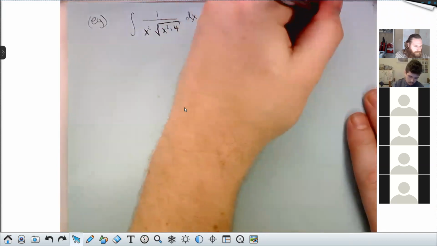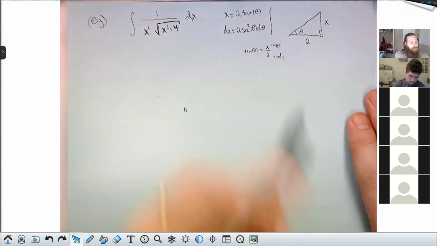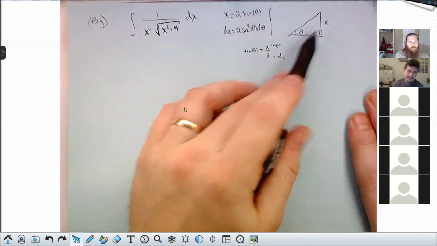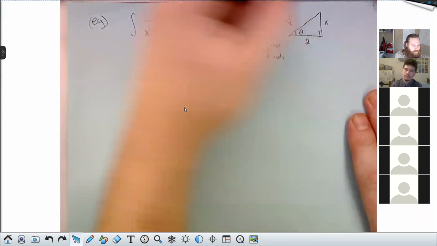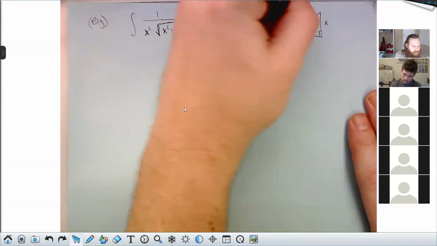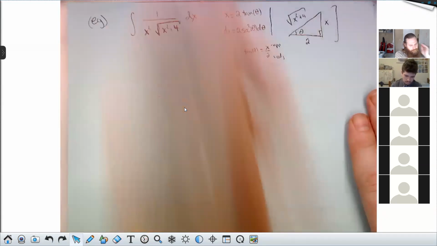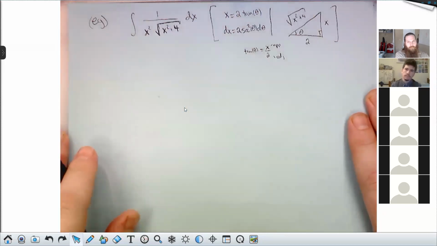And I'll draw my triangle. My opposite side length here is x. My adjacent side length here is 2. Then this guy has to be the sum of the squares of this guy under a root. So this guy is going to be the square root of x squared plus 4. And that's my little trig sub box.